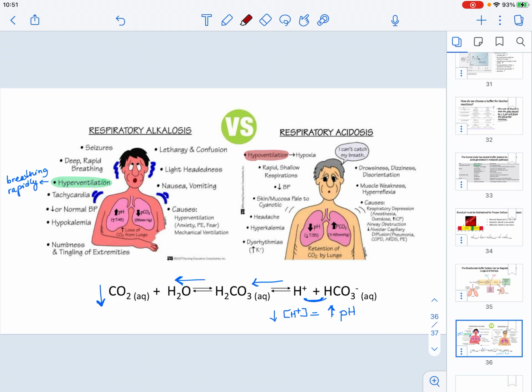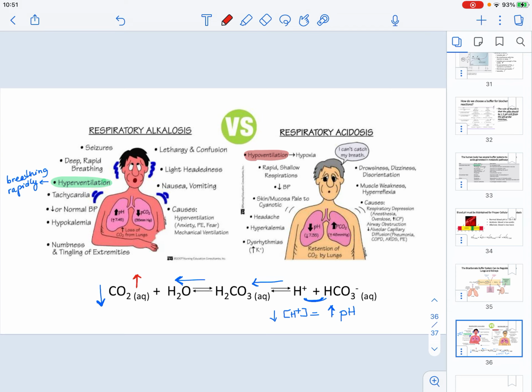So there are conditions in which you cannot breathe out the CO2 that you have in your body. When that happens, if you cannot breathe out the CO2, then you are increasing the CO2.